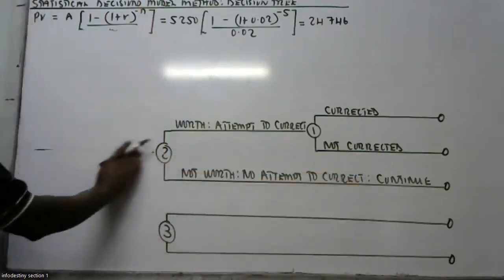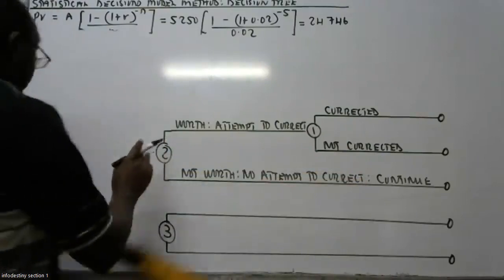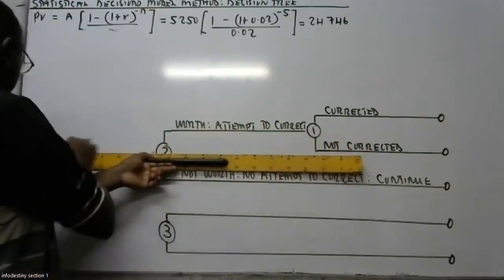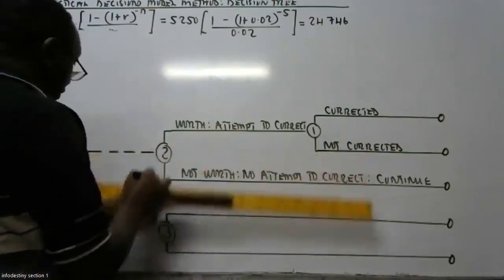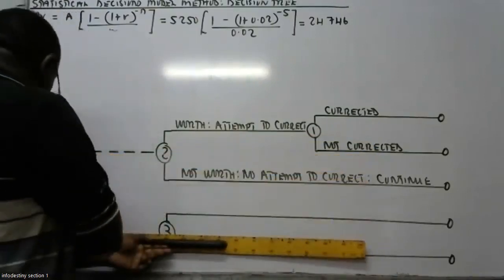Now this one is an option, so it's going to be drawn like this. And this one is also an option.